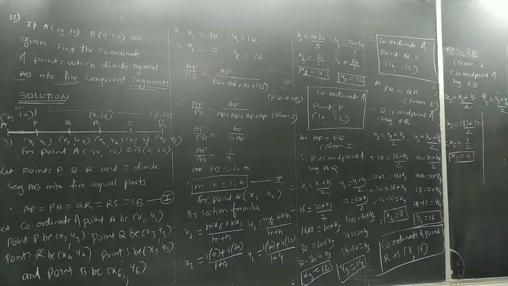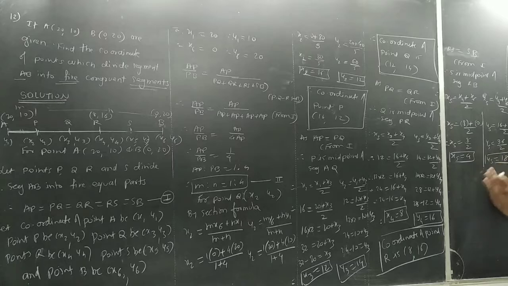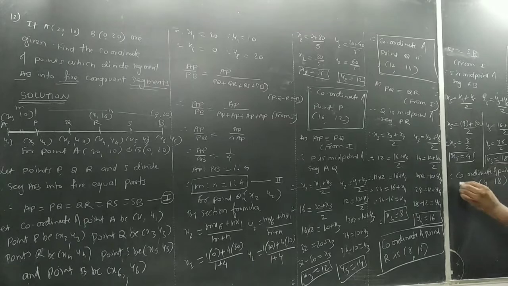And y5: y4 we got is 16, y6 is 20, upon 2. So y5 is equal to 36 upon 2, and y5 is equal to 18. So what I could write? Coordinate of point S is 4, 18.